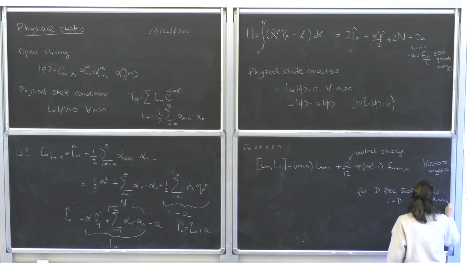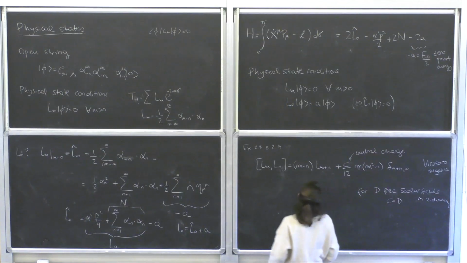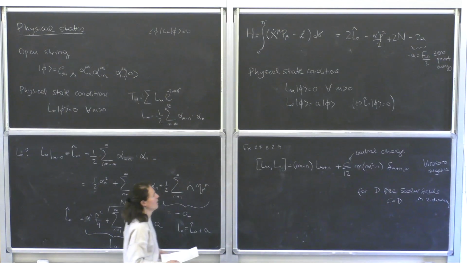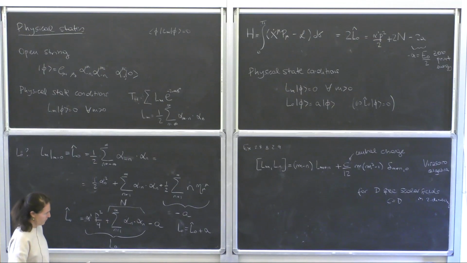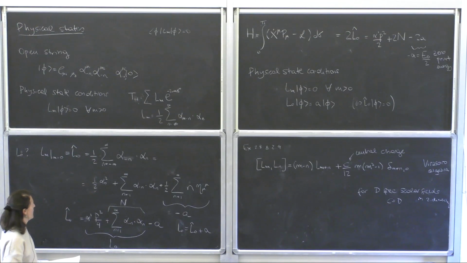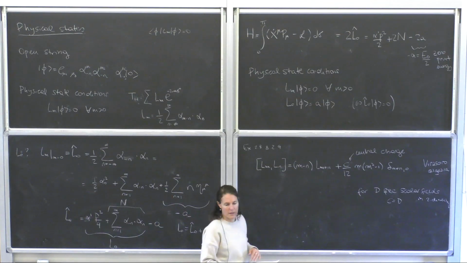All we're doing is conformal field theories in two dimensions. Then C is equal to D. So my x mu are free scalar fields from the point of view of the two-dimensional theory.